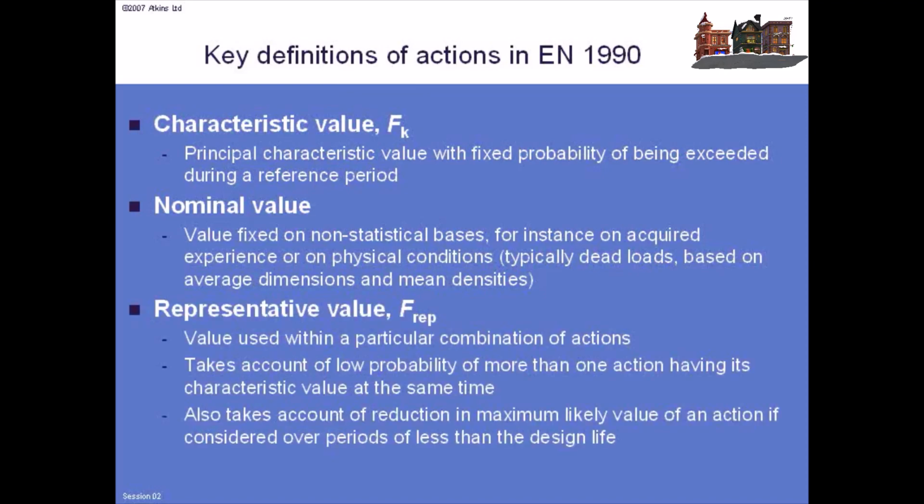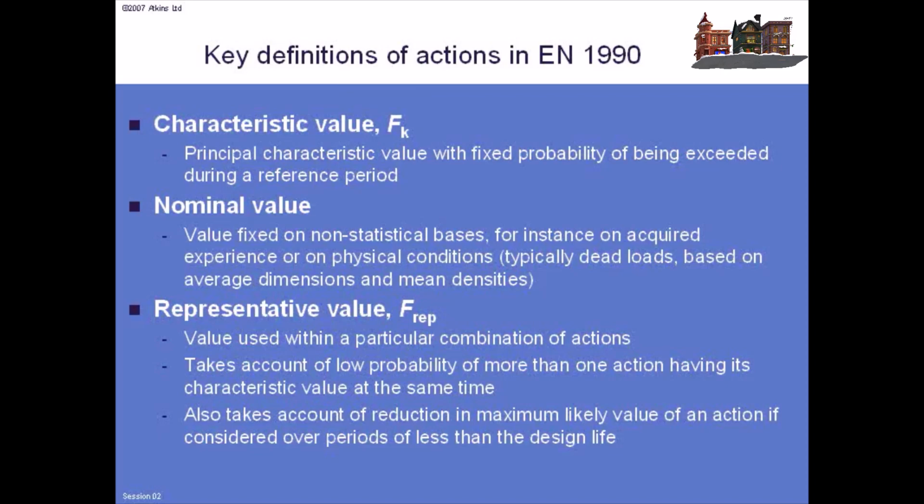We then have something called a representative value, FREP. And this is the value of the action that you're actually going to use in the load combination. And we'll talk in the next slide about different values representative values can have. But the representative value takes into account two things, basically.